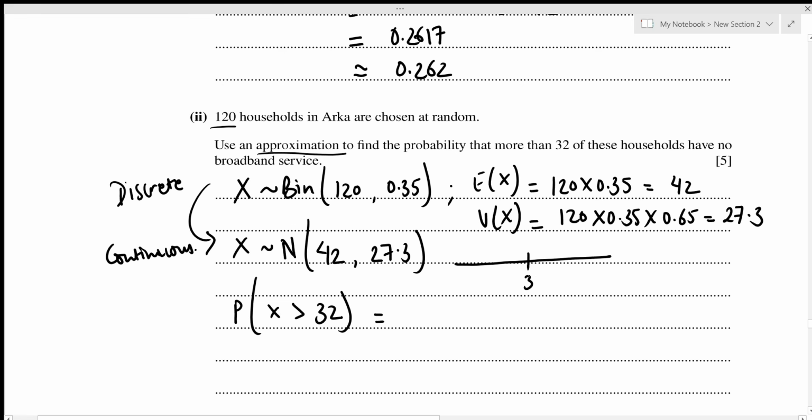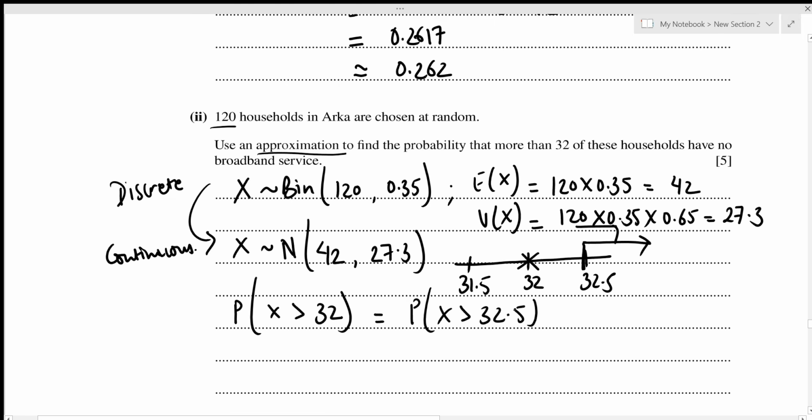So that's 32, that's 32.5, and this is going to be 31.5. And we're looking at the greater side. But we can see that there is no equals to sign, which means that 32 should not be included. So we're going to ignore the 32 and look at the greater side, which means that's going to be greater than 32.5. So that's the probability X is greater than 32.5.